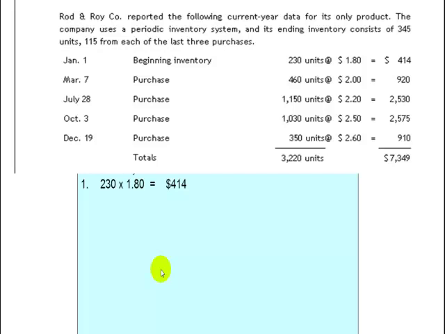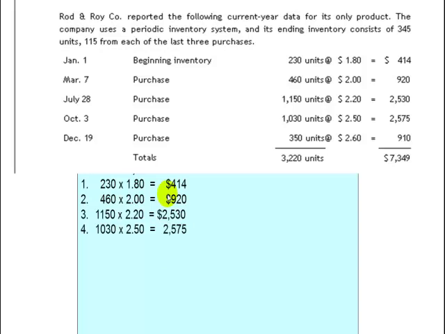Now I'm ready to go on to the third method within this periodic inventory system. Is it LIFO or FIFO? First in, first out, and I have 345 units. Let me start over again.